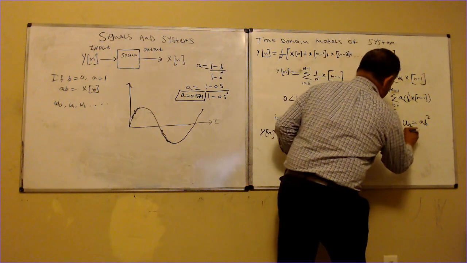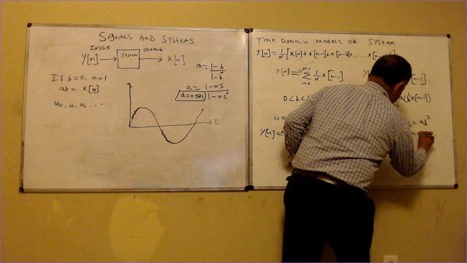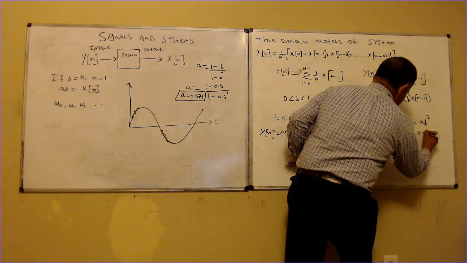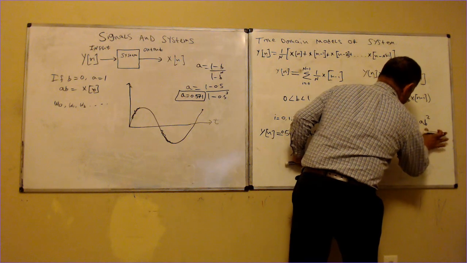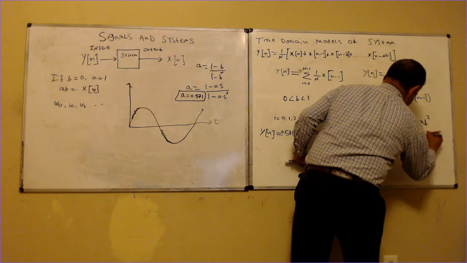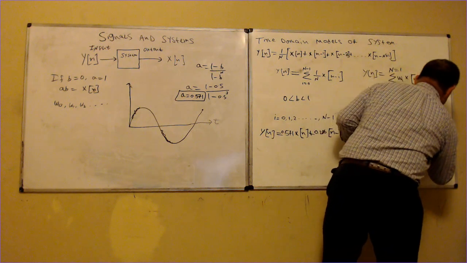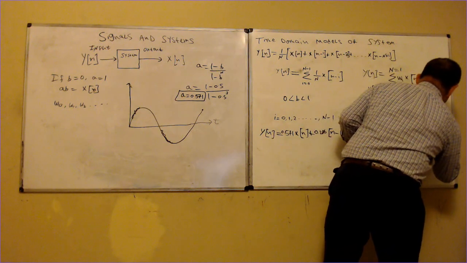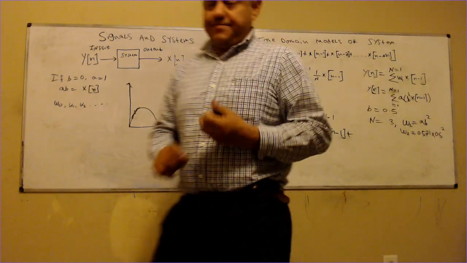W2 is going to be equal to 0.7571 times 0.5 squared. Take that number.